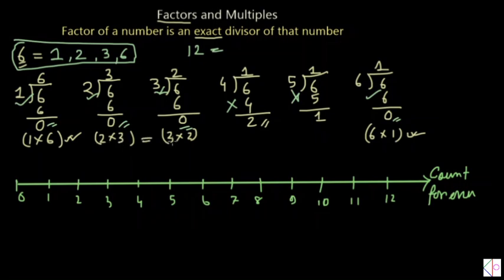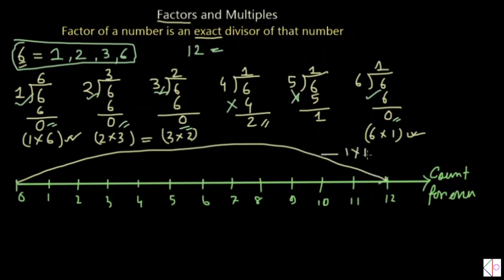So now think about 12. In case of 12, on the number line, if we divide 12 by 1, it becomes 1 times 12. So we have to take a big jump from 0 to 12. Again, divide 12 by 2.